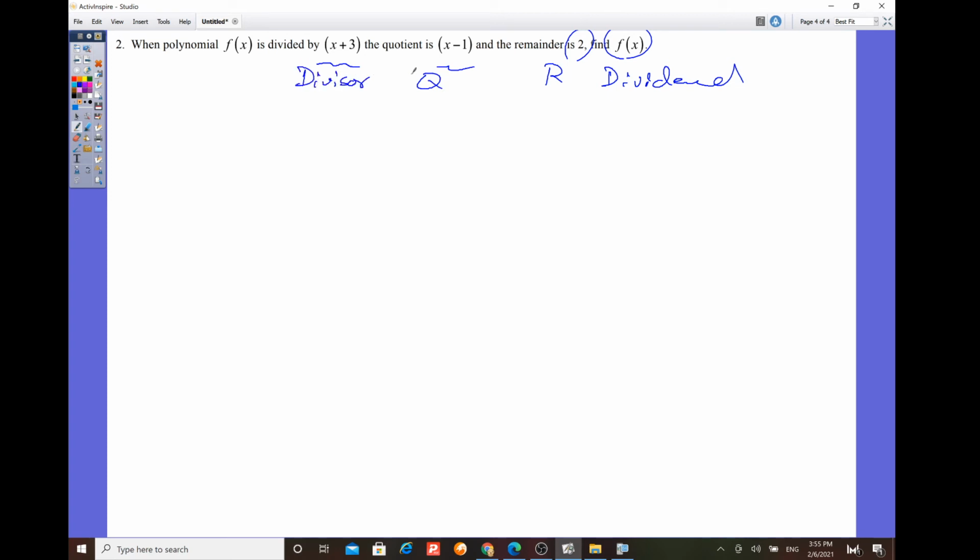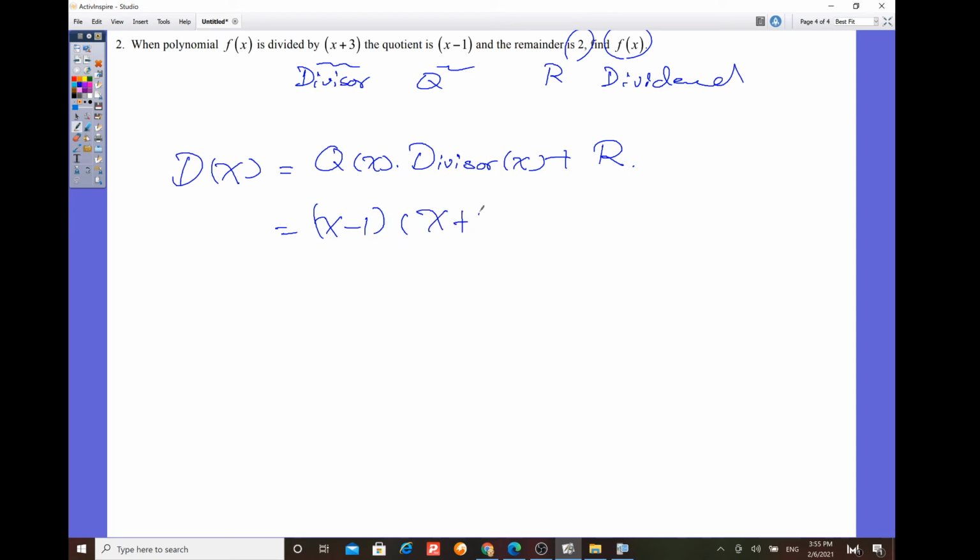One thing that we notice for the dividend, let's say d of x, it's always considered the format of the quotient times the divisor, and then plus the remainder. The quotient that's given already is x minus 1, and the divisor is x plus 3, and then plus the remainder. So basically using this structure or formula, we can find out the dividend.